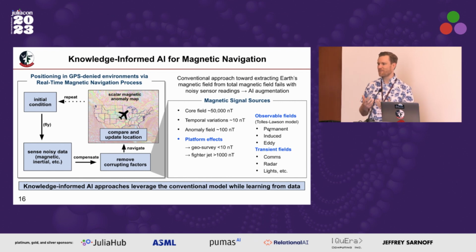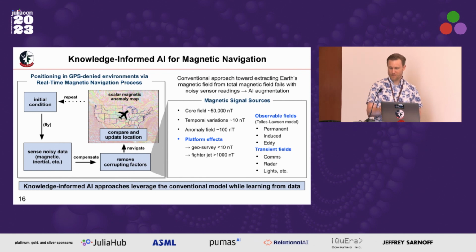Like the aircraft itself, we want to learn how to subtract that signal off. And so in the parlance of this field, they call that calibration to learn the effects of the aircraft, and compensation to remove the confounders, which is really just training and inference. So you can just substitute that whenever you hear me say calibration is training, compensation is inference.